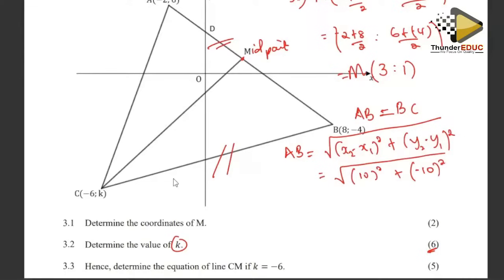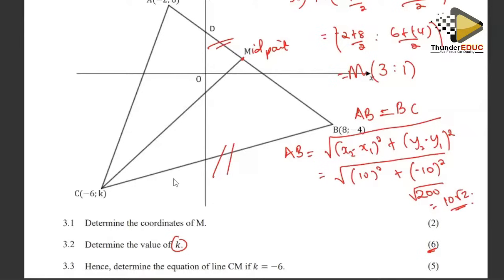So that's 100 and 100, which gives us 200. Under the root sign, that is the same as 10 root 2, not 2 root 10. It's 10 square root of 2 units. So that is our AB.